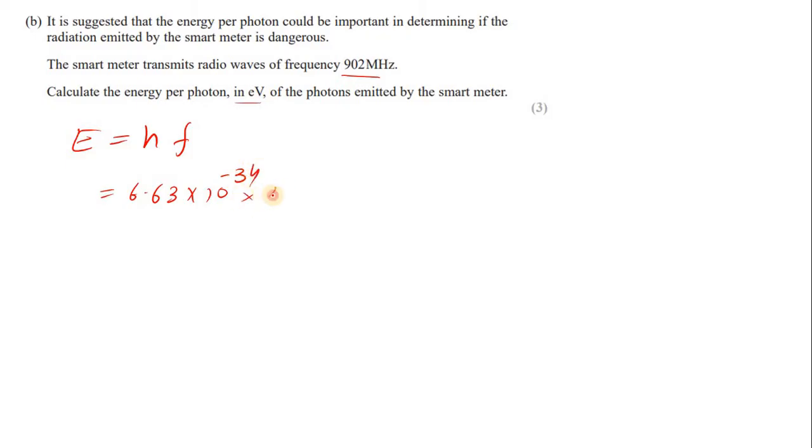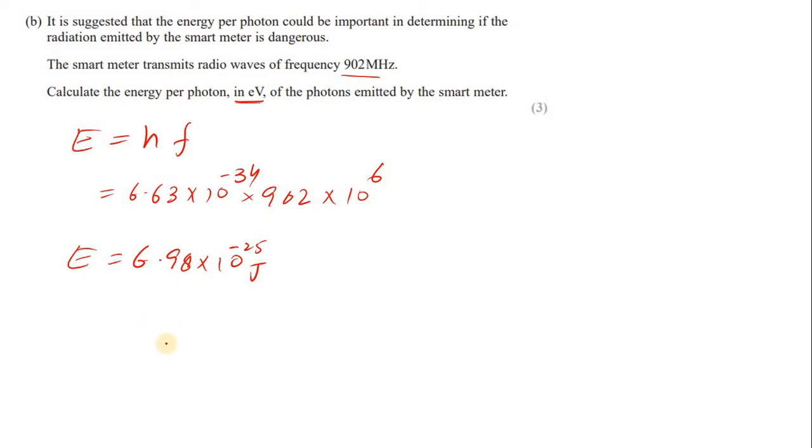Frequency is 902 megahertz, 10 to the power 6. So energy that you will find is 6.98 into 10 to the power minus 25 joule, and we need to give answer in electron volt.